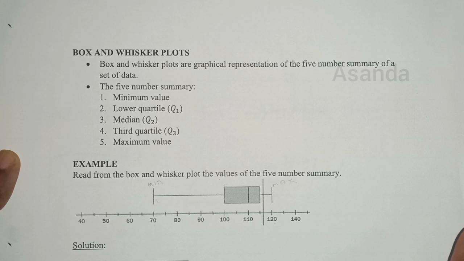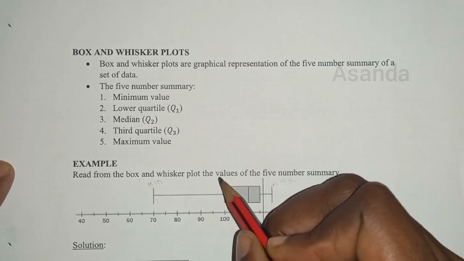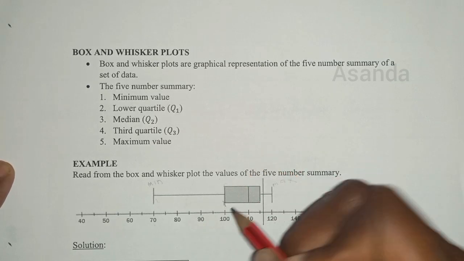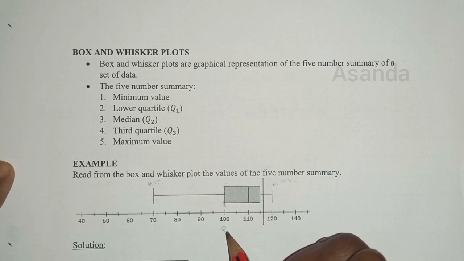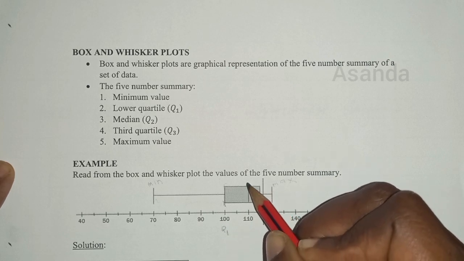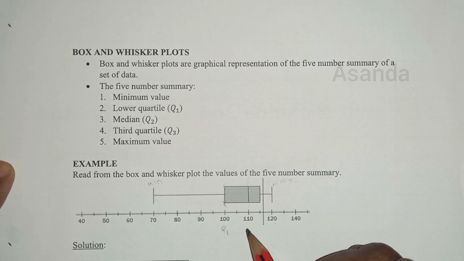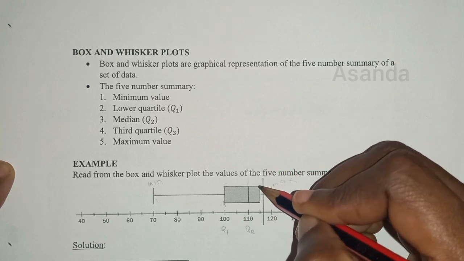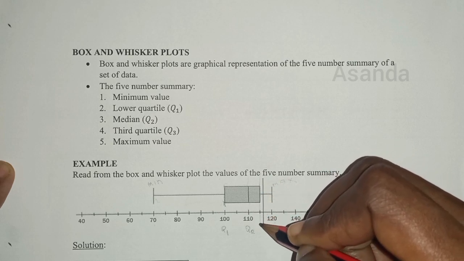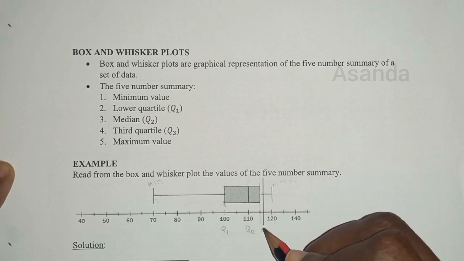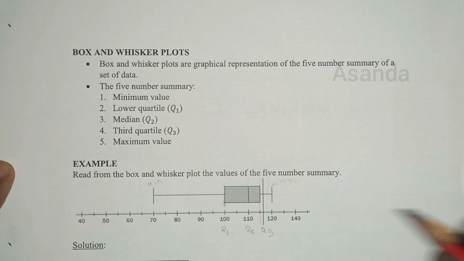Very good. Now the first corner here points at Q1. The second corner in the middle, remember the middle of the data, is Q2, also known as the median of the whole data. And this part here will then point at Q3, right?